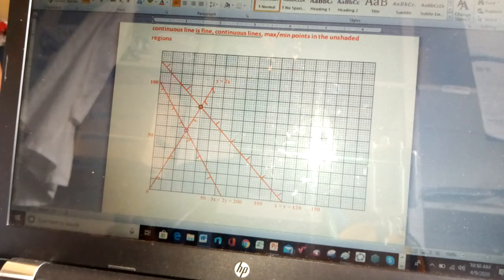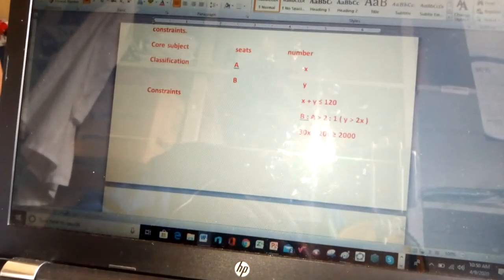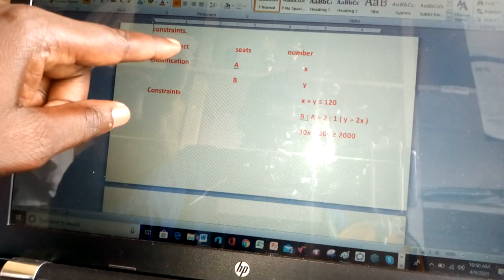So try this on your own and then get to know how to get inequalities first. You go step by step. Get the inequalities. How do you get the inequalities? Remember what I did here. You must have the core subject.